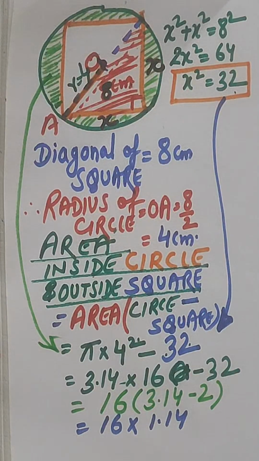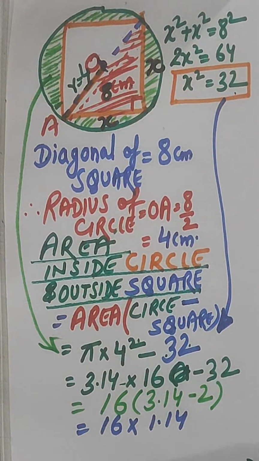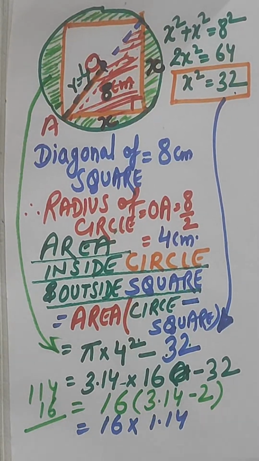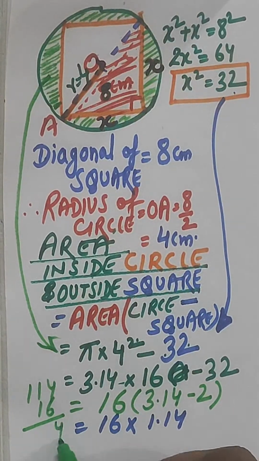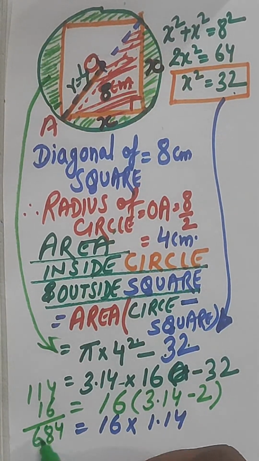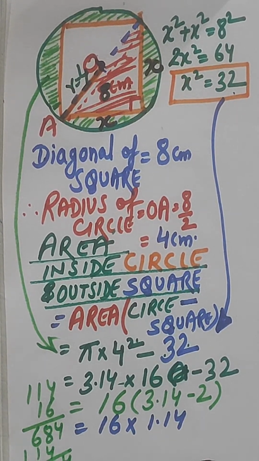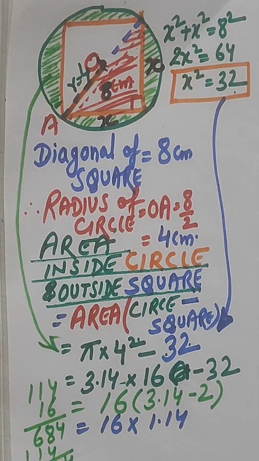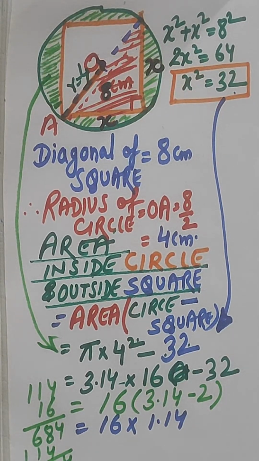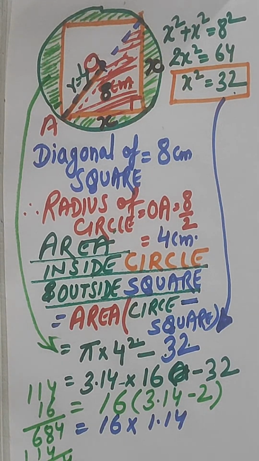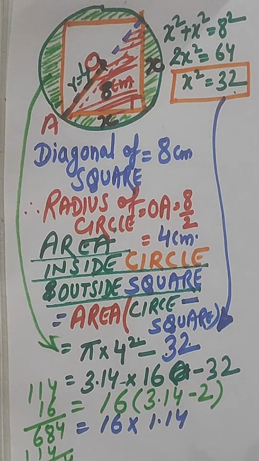Now simply multiply it. 16 into 1.14. So 114 multiplied with 16 will give you 1824.